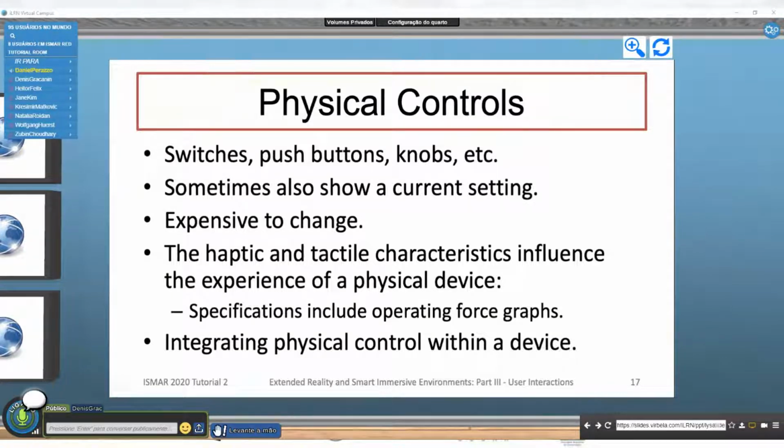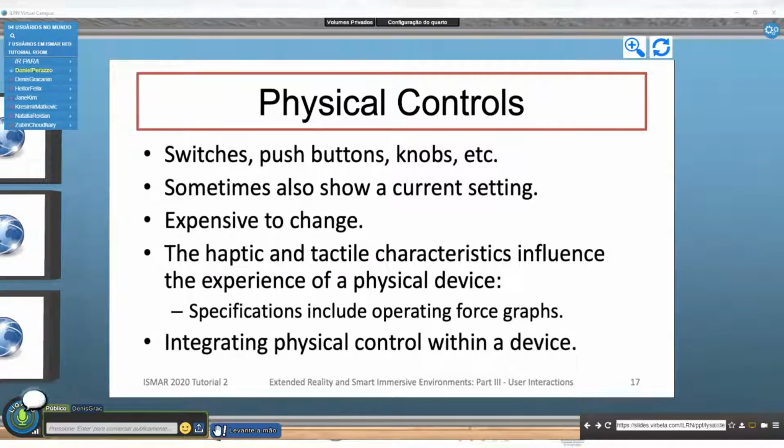And when we deal with those physical controls, we have certain expectations or, how should I put it, learned skill, about how the haptic and tactile characteristics of those devices should be, and that also impacts our experience.